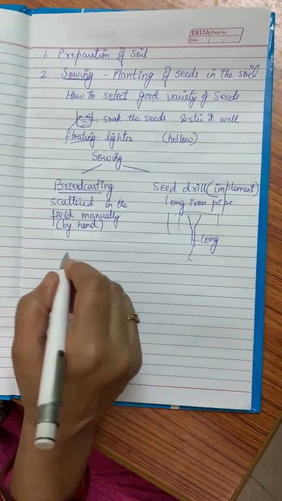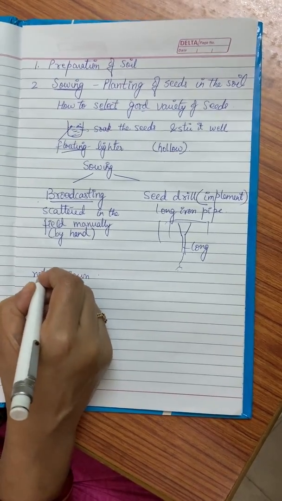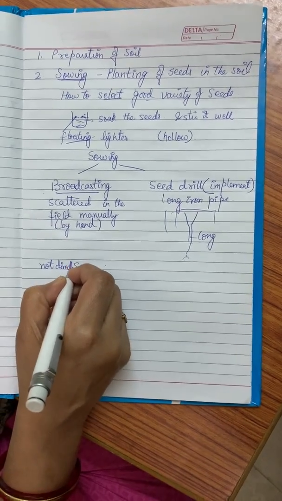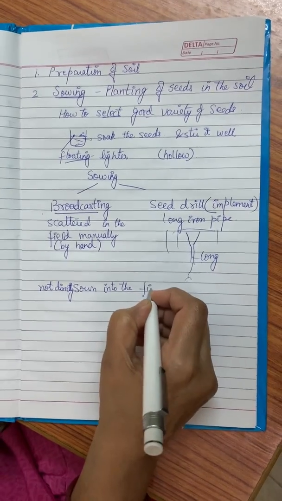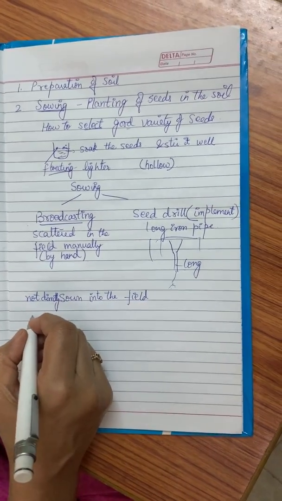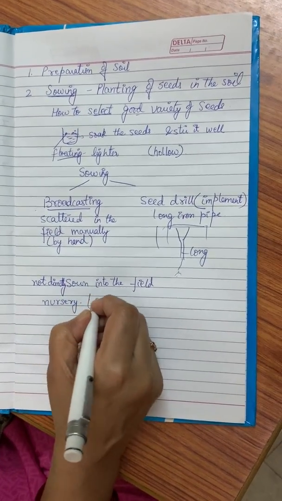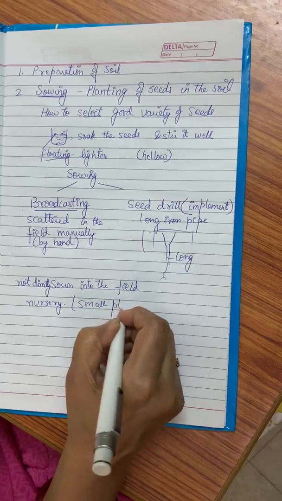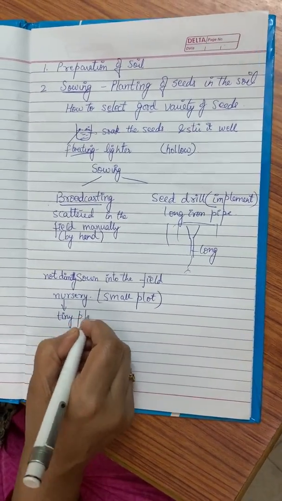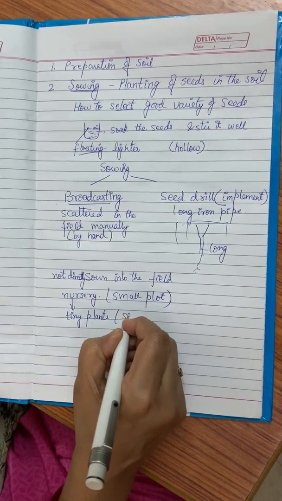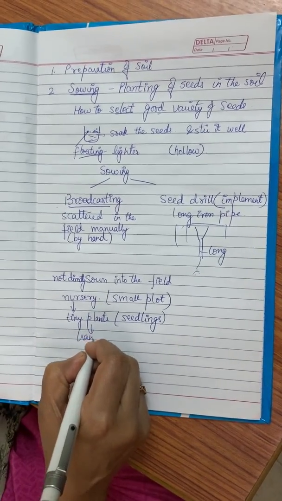Some crops are not directly sown into the field. First, they are grown in the nurseries. Nurseries are small plots where they are grown, and when they form tiny plants, that is seedlings, they are transferred to the main field.